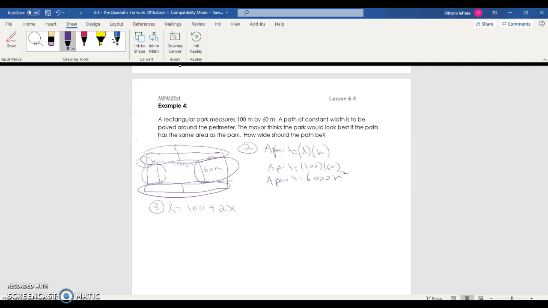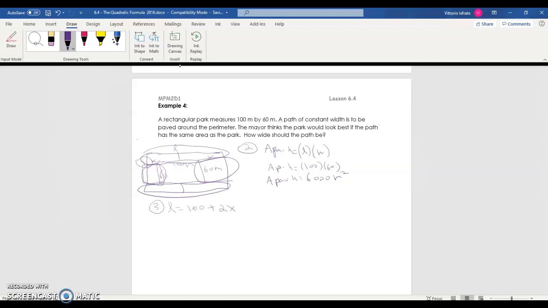Another thing we know is that this part here, we do know its measurements, would be 60 over here and x over here. So we could actually figure out the area of this part and this part, and then simply multiply everything by 2 to get the total area of this area here.